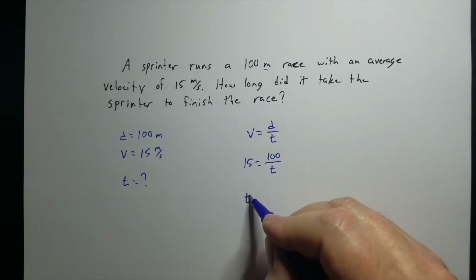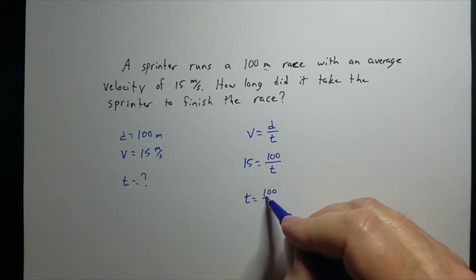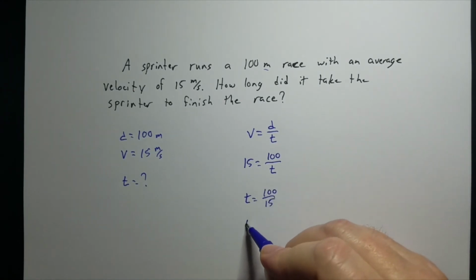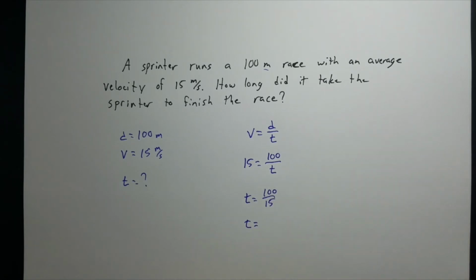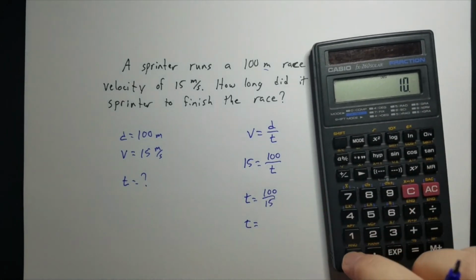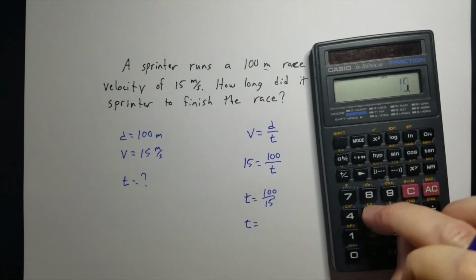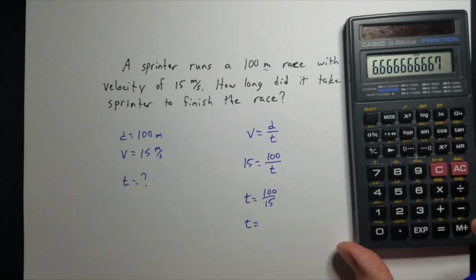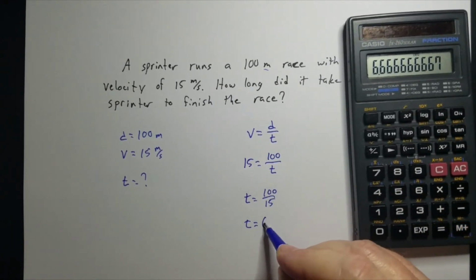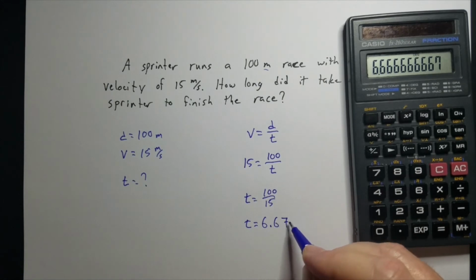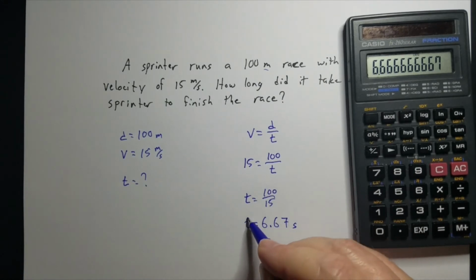So t would come out, and the 15 will take its place. And so 100 divided by 15 gives me a 6 with the 6 repeating, so 6.67 seconds.